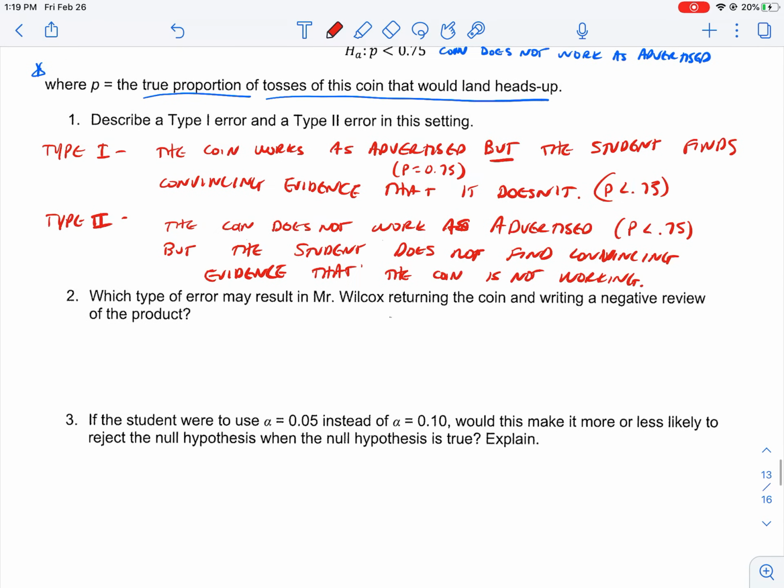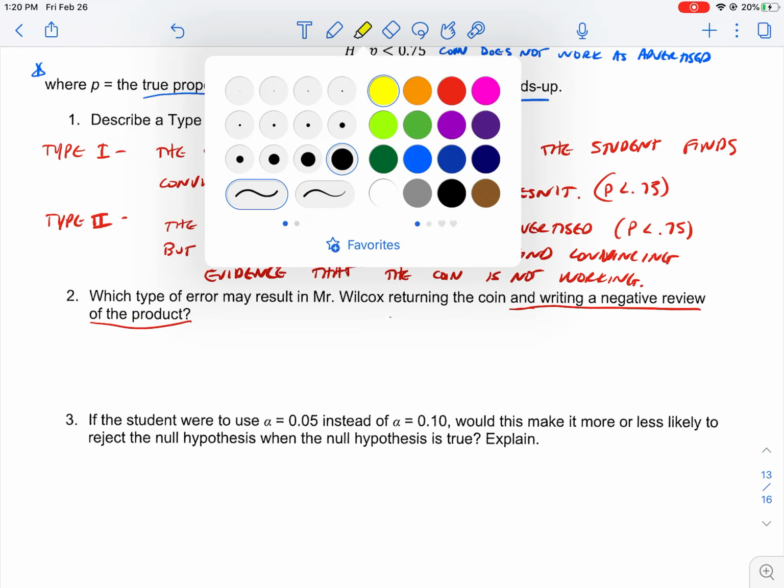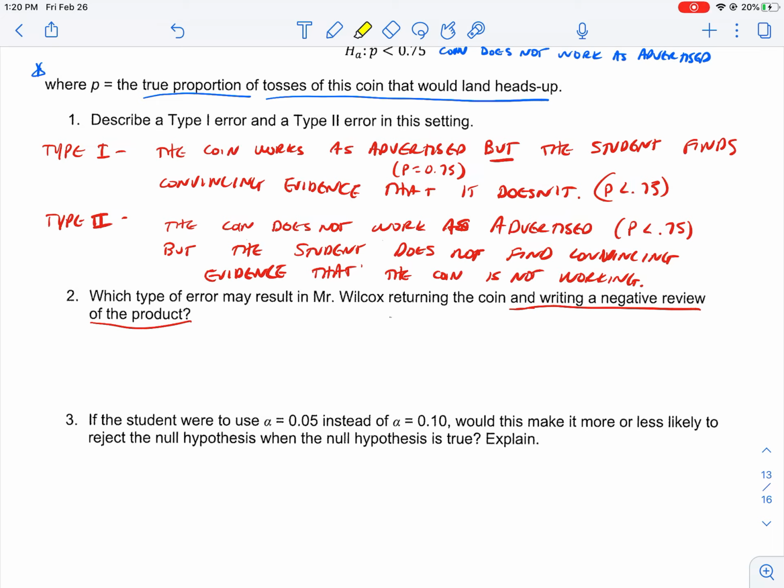So which type of error may result in Mr. Wilcox returning the coin and writing a negative review of the product? So which one is the one where he's going, oh man, this doesn't work. I'm going to write this, bad review. Well, take a look at the nature of these errors. So in type 2, what's the end result? So the coin actually doesn't work, but the student does not find convincing evidence that the coin is not working.